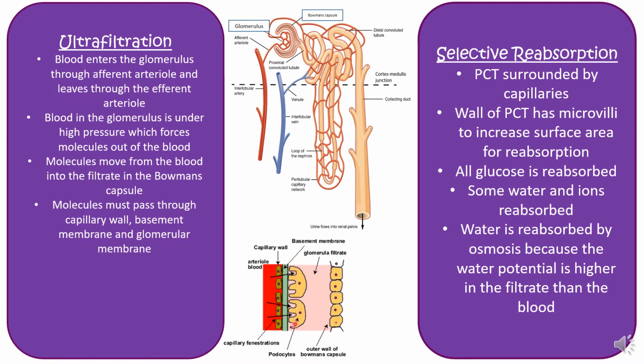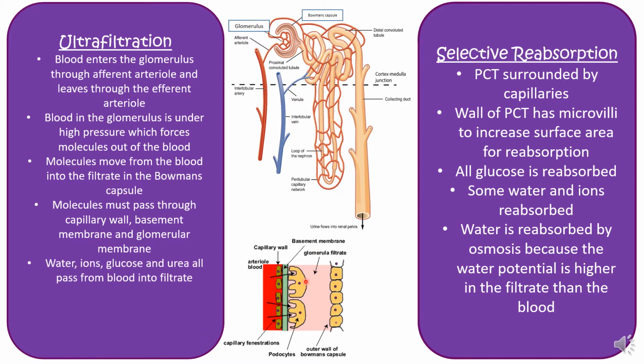And you've got the capillary fenestrations here. It just means gaps between the cells within the capillaries so that things can squeeze out. The podocytes help to filter the molecules that are moving into the filtrate that's here. So you've got capillary wall, basement membrane, glomerular membrane, and the filtrate.